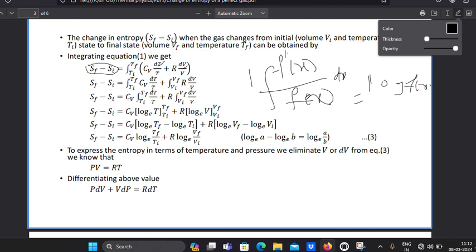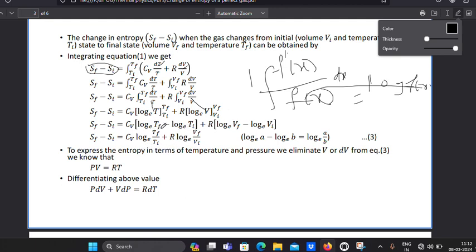So only this one we are writing. Same thing here: it is f of x, so it is written here, and here also same thing like this. So that is why it is written here. Now we have to apply the limits, initial to final. So the final term, we have to substitute minus initial. Similarly here same thing.